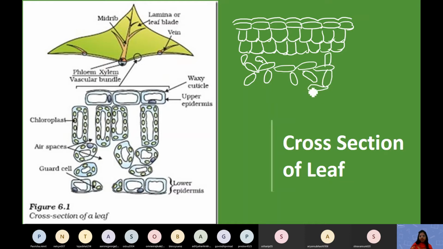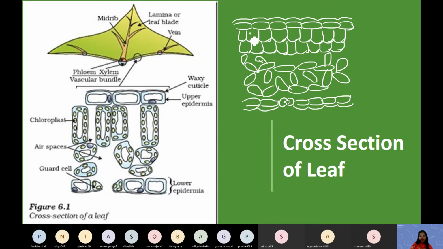In any direction you make some oval shape cells. After that you will draw the lower epidermis, and in the lower epidermis you make some guard cells, and in this way stomata will be made. Then the lower epidermis is covered by cuticle.